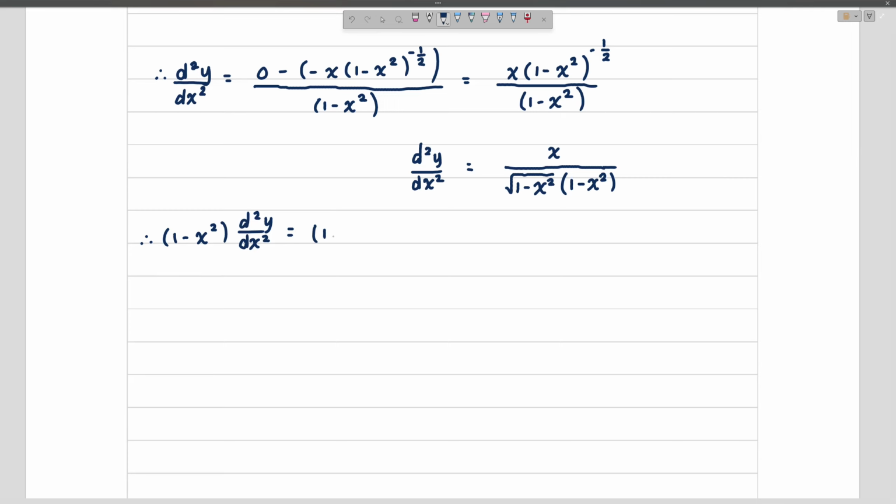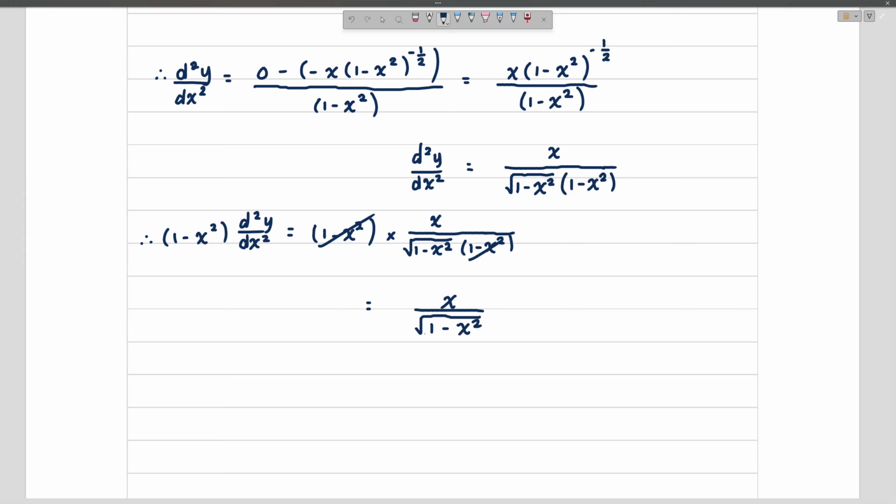To get 1 minus x squared times by this here, which is x all over the square root then of 1 minus x squared times by 1 minus x squared, like so. And just notice here then, this would cancel with this here. So what I get left with then is x over the square root then of 1 minus x squared.